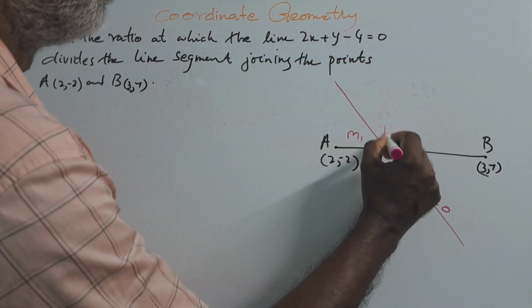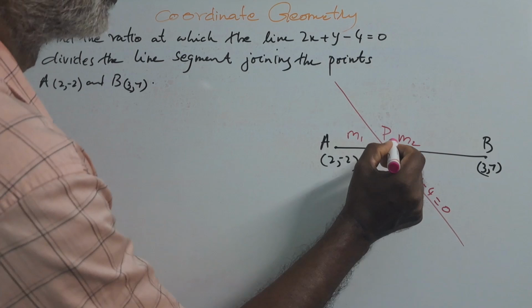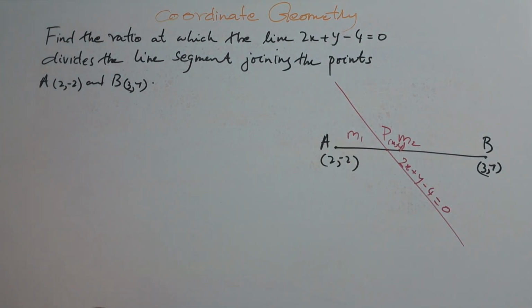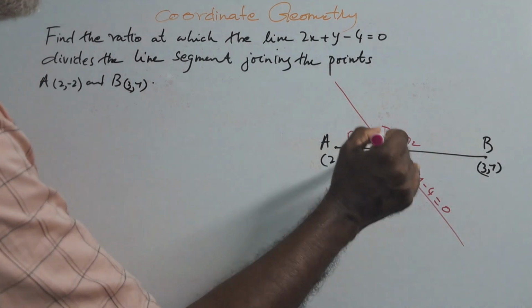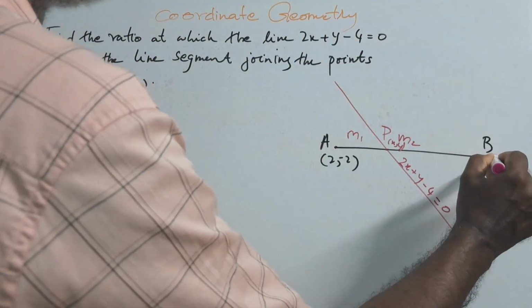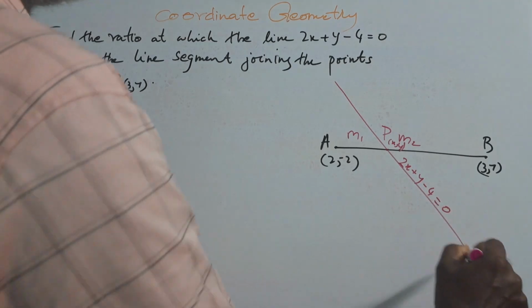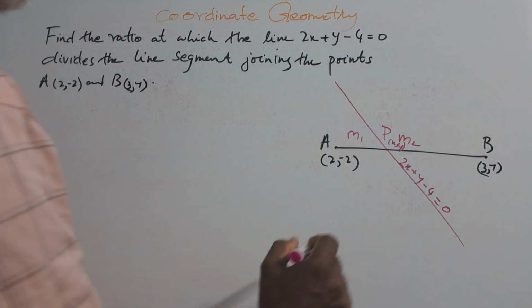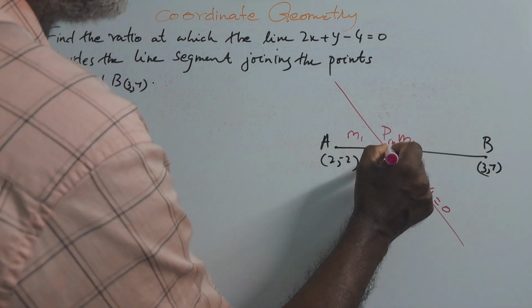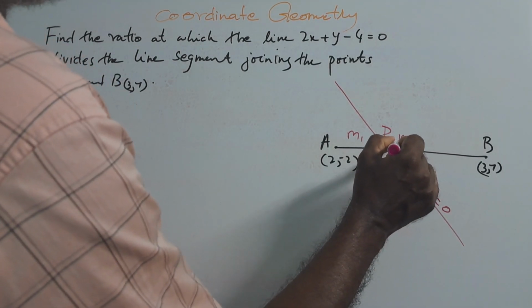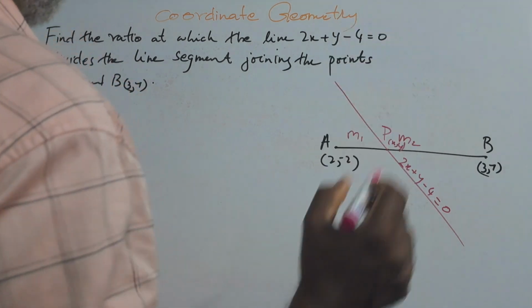Let this point be P and its coordinates x, y. See, this point is a common point of this line segment and also this line. Using the section formula, let's find the coordinates of this point x and y.